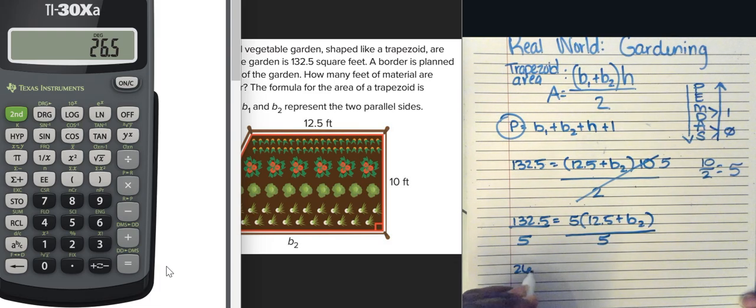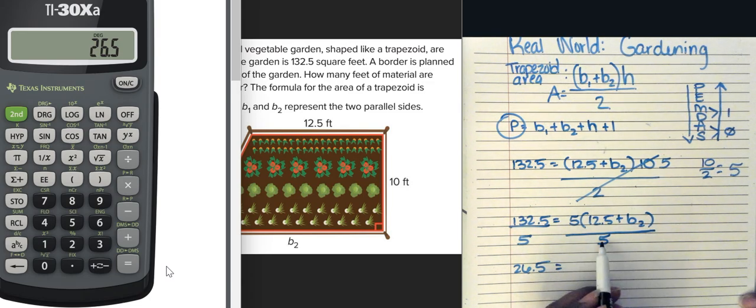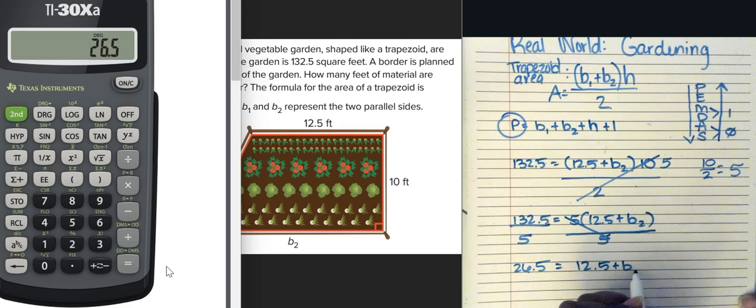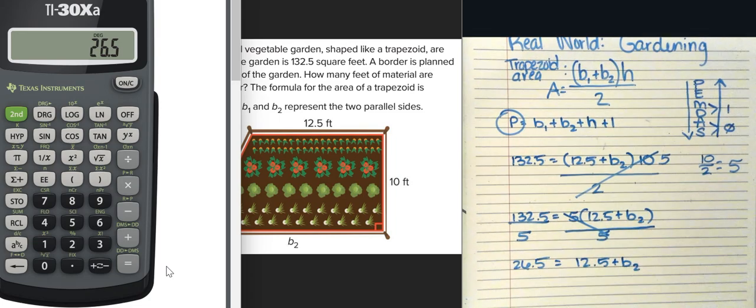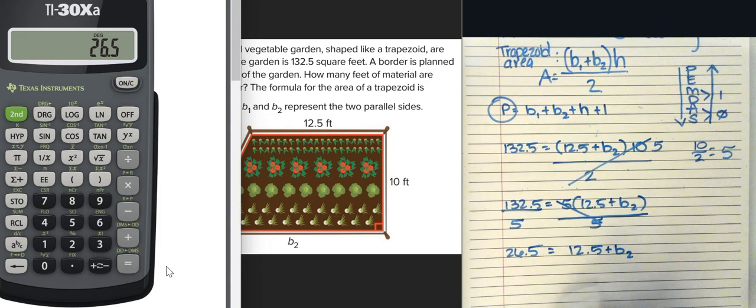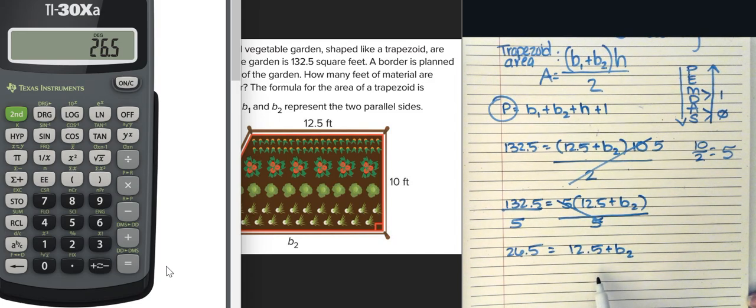So we have 26.5, and that is going to be equal to 5 divided by 5, which cancels out, and now we're left with 12.5 plus b, the base of 2. I don't need the parentheses because there's nothing else happening. We took care of the multiple of 5 outside of the parentheses. Now, is the variable isolated? No, it's not. What's stopping it from being by itself?